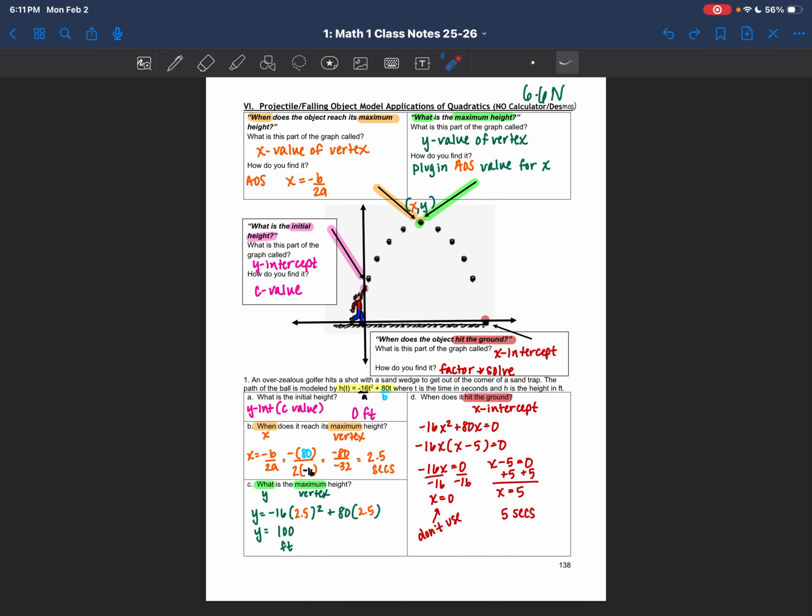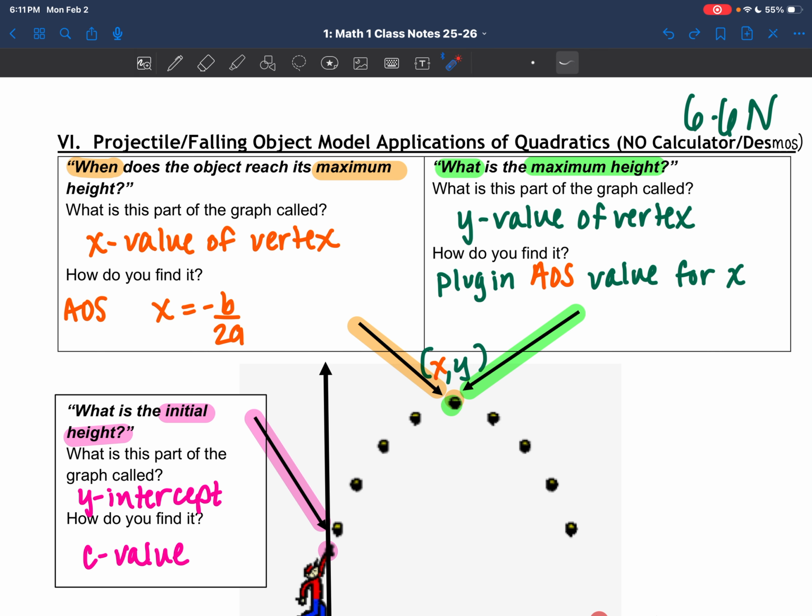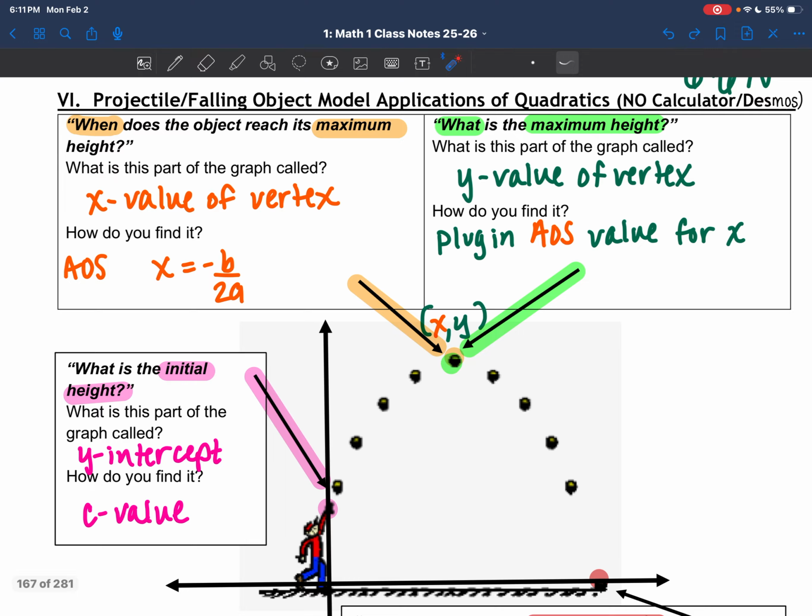So let's get started. When we're looking at any applications of quadratics, one of the things we might be asked to do is to determine when the object will reach its maximum height. The key word here is when.